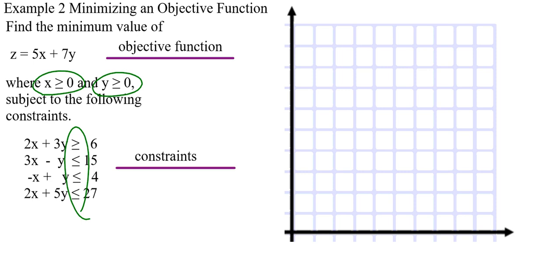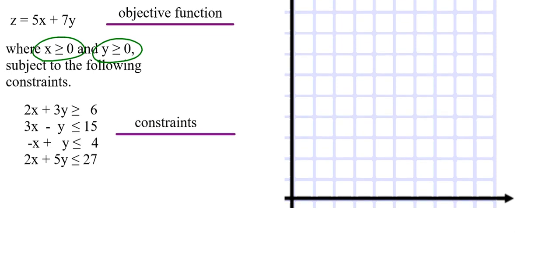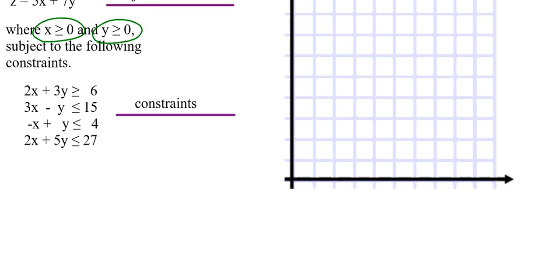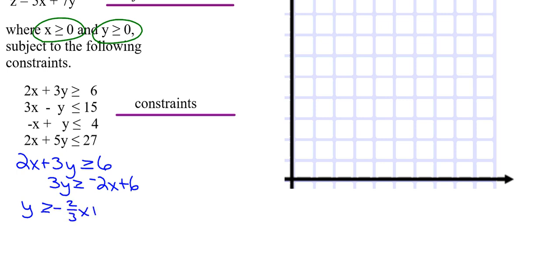And then we're just going to take a minute and graph some of these, and I'll start with 2x plus 3y is greater than or equal to 6, and so 3y is greater than or equal to negative 2x plus 6, y is greater than or equal to negative 2/3 x plus 2.